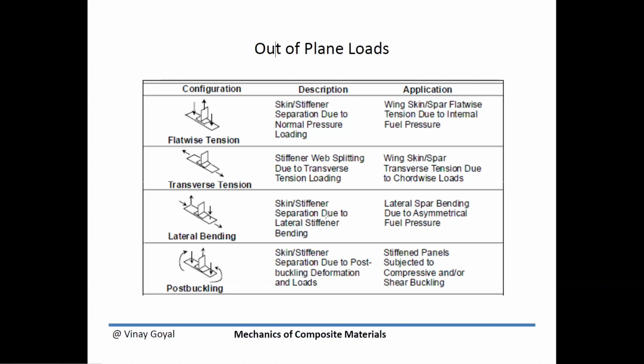An example of that will be a lateral spar bending due to asymmetric fuel pressure. So these are just examples of where you could see it, and this is a description of the load we're talking about. And in all these cases, the concern is that the out-of-plane loads can cause delaminations within the composite layers.